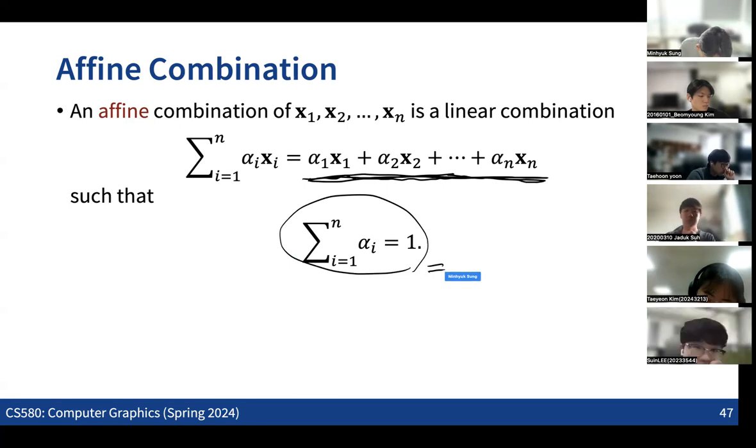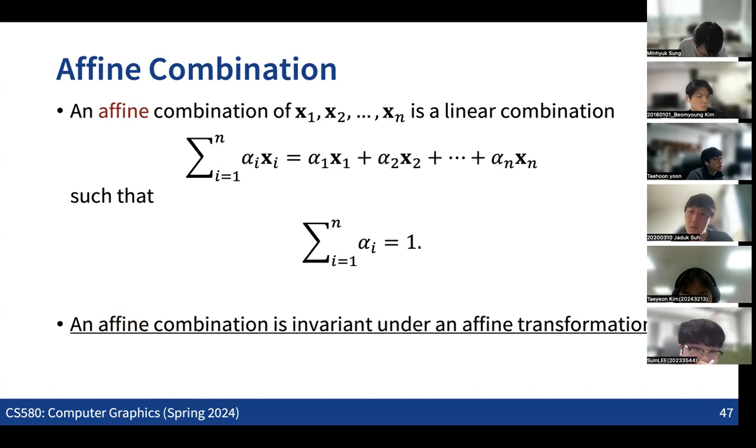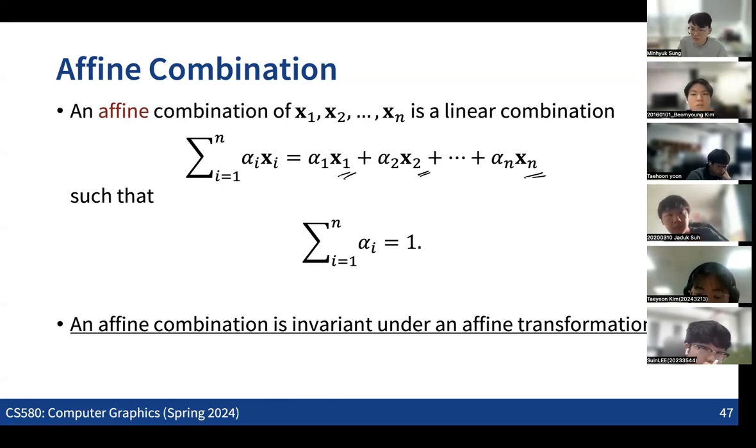The reason we call this an affine combination is that it is invariant under any affine transformation. Whether you compute the combination and then apply the affine transformation, or first apply the same affine transformation to the coordinates and then compute the combination, the outputs are exactly the same. That's one important property that we need to remember.